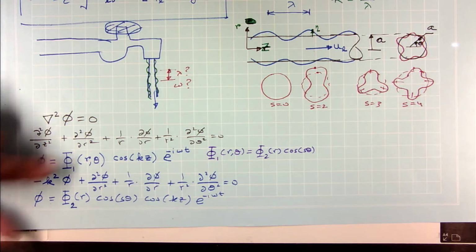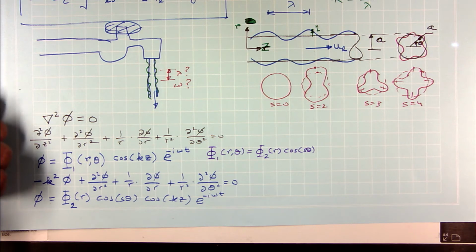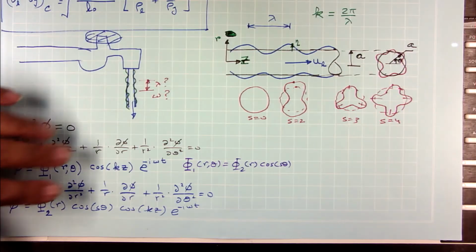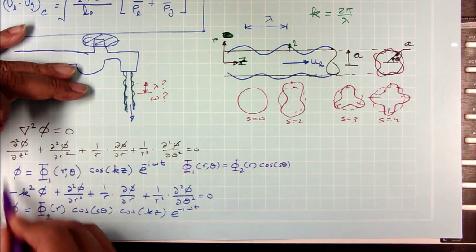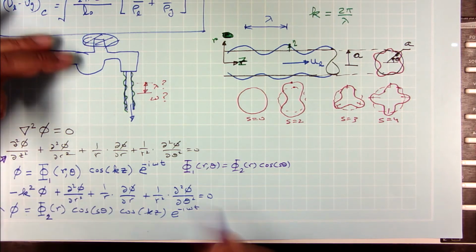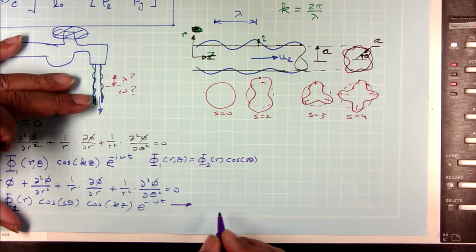Now, if I go back and substitute all these equations in the mass conservation equation and solve for it, I will end up with an equation that looks something like this.